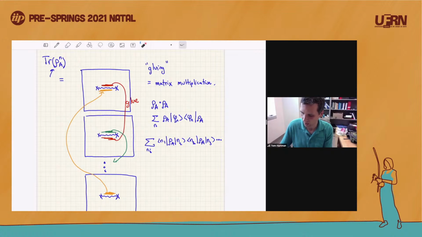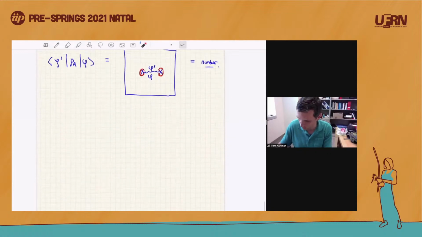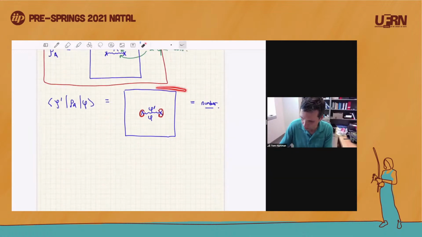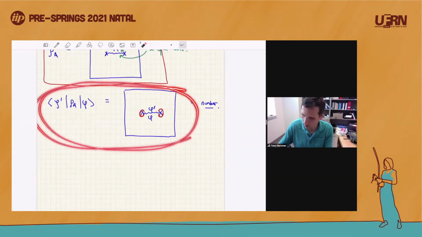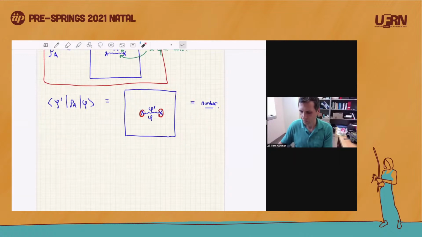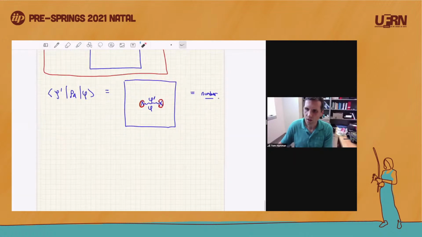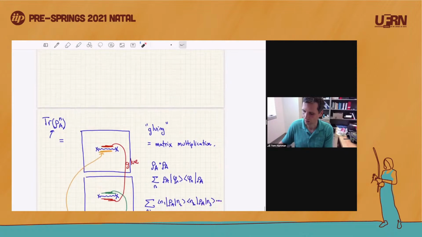The top of the cut is the left slot of the operator. The bottom of the cut is the right slot of the operator. When you translate it in terms of matrix elements, that was this expression. I'm using this formula here. So that tells us how to do the gluing.